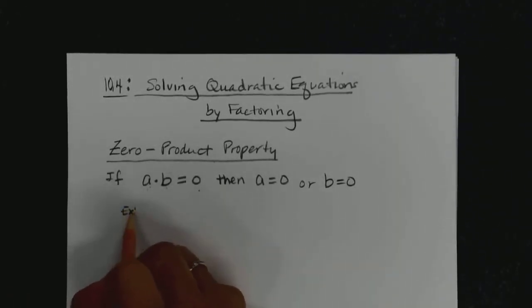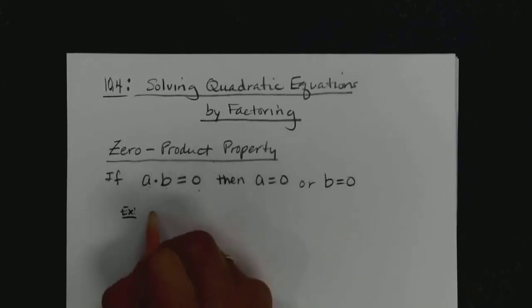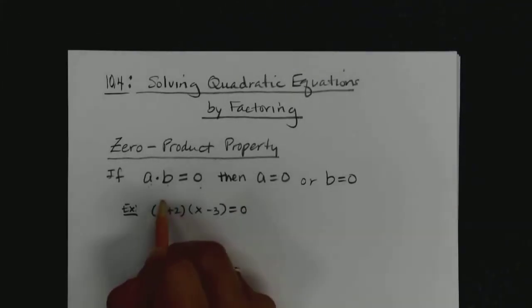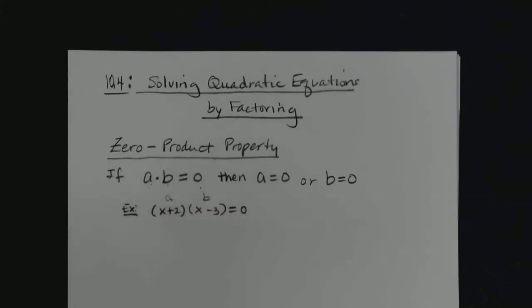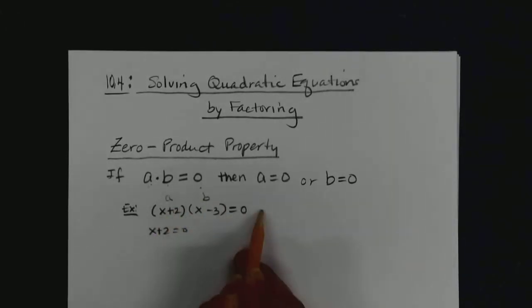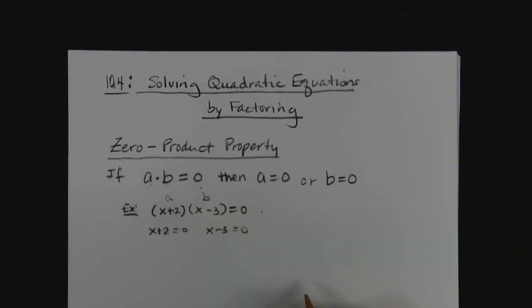So the way we're going to use it is this: after you factor, or if they factor it for you, this is like your a, this is like your b, right? So this means that I can make this equal to 0. If this whole thing is 0, wouldn't it make the whole thing equal to 0? And what if this whole thing was 0?